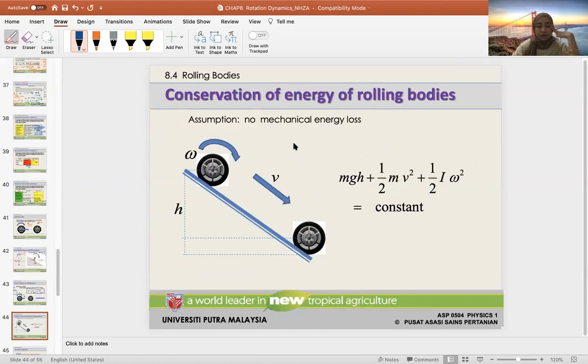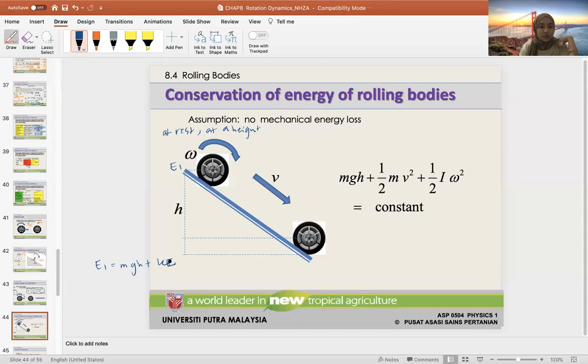Okay, so we have to apply the conservation of energy for rolling bodies. So if I start at rest, and I start at a height, the energy at point 1, I can write my equation like this: mgh plus ke.